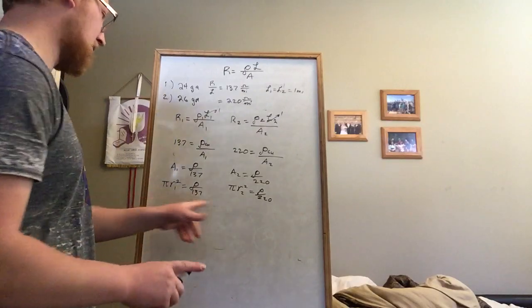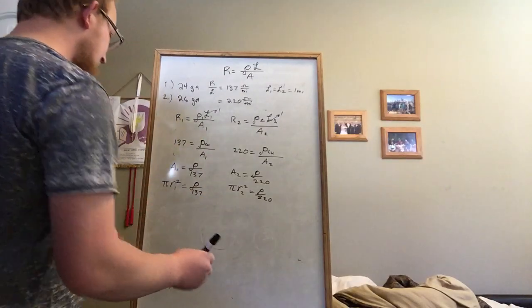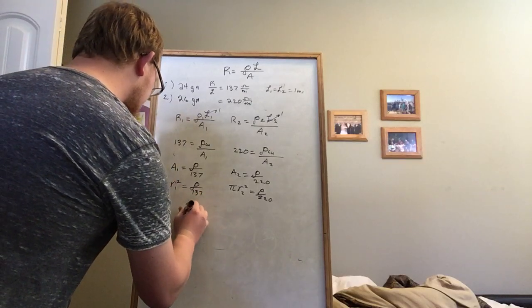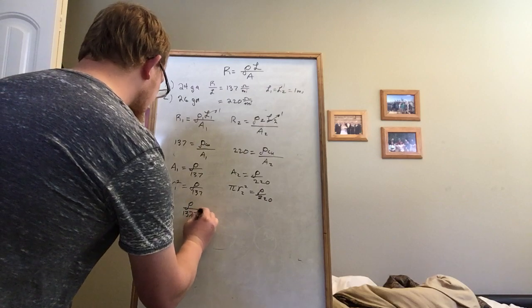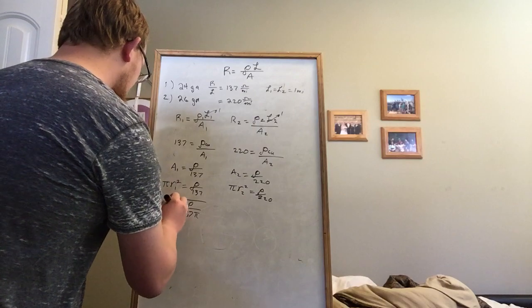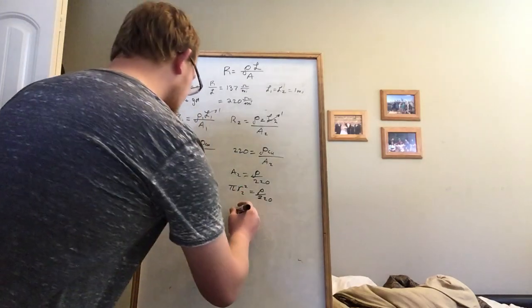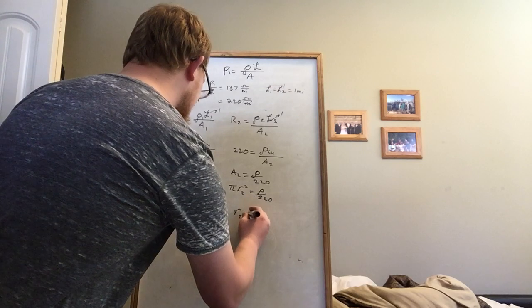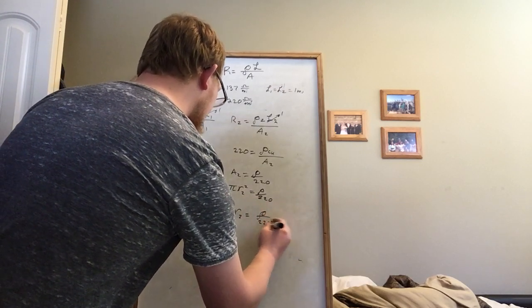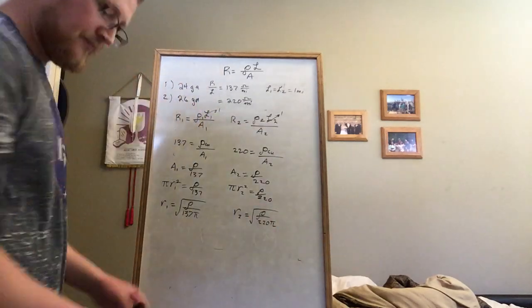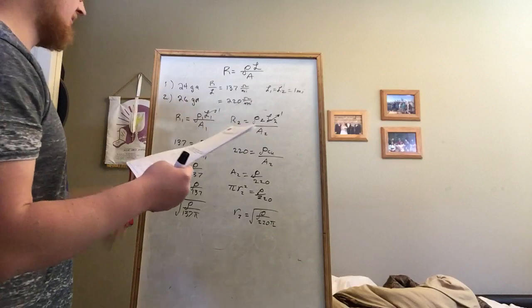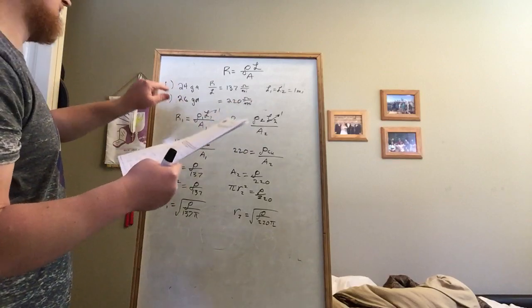Alright, so I'm going to solve for R1 on this side and for R2 on that side. First thing I'm going to do is divide by pi. Rho over 137 pi. Then I take the square root, and that's going to be R1. And over here I'm going to do the same thing. R2 is going to equal rho over 220 pi, dividing pi from both sides and taking the square root. The question asks what is the ratio of the diameter of the 24 gauge wire to that of the 26 gauge wire.